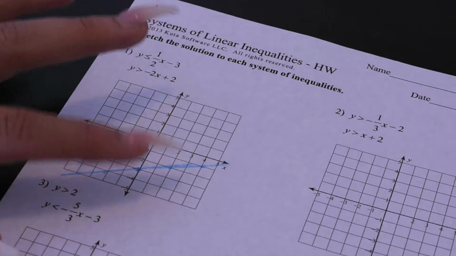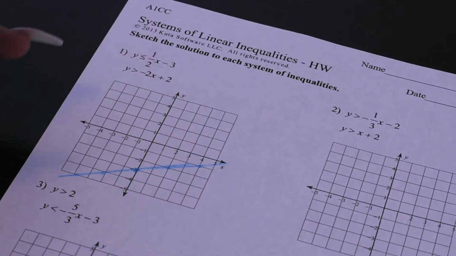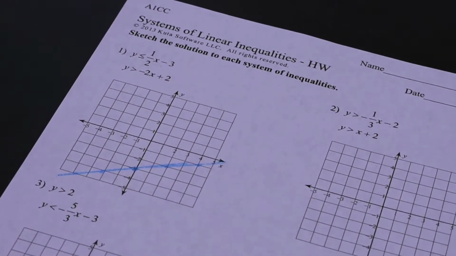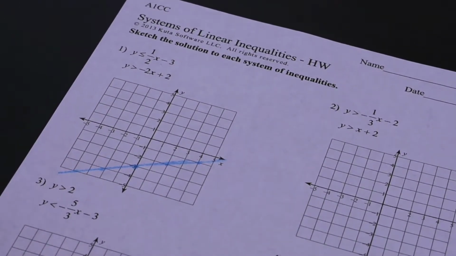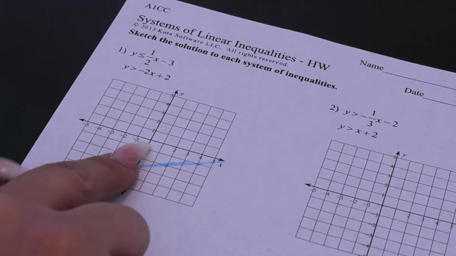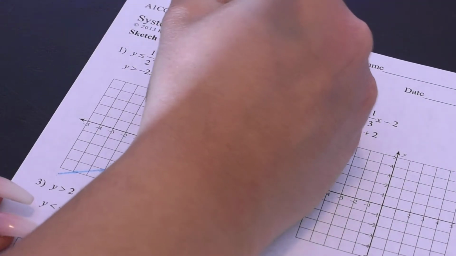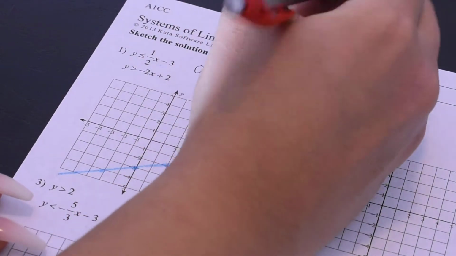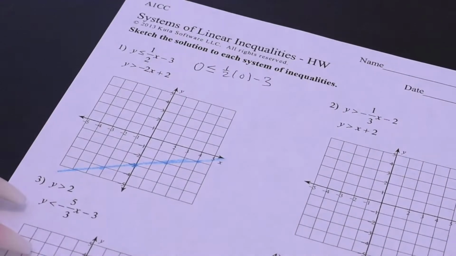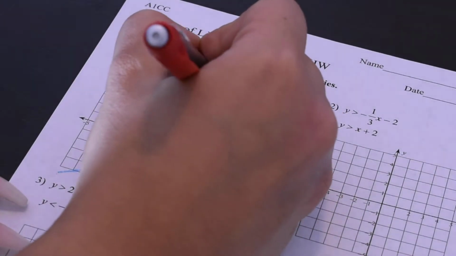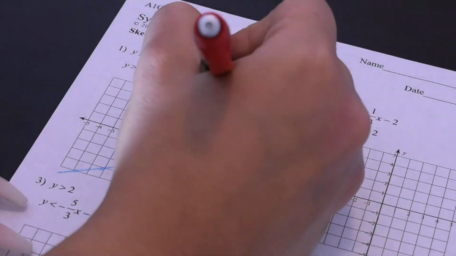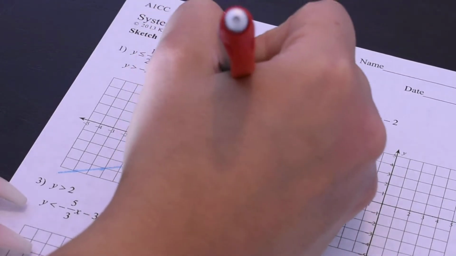Now I have to figure out which side I am going to shade. In order to figure that out, I have to pick a number and plug in. Remember how we always said we're going to choose 0, 0? I'm going to do the same thing. I plug in 0 for x and 0 for y, so 0 is less than or equal to 1/2 times 0, minus 3. That means 0 is less than or equal to 0 minus 3, so 0 is less than or equal to -3.